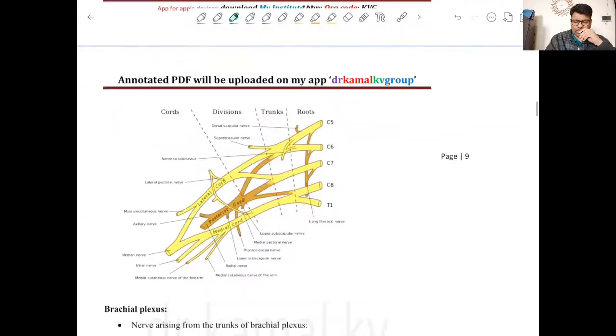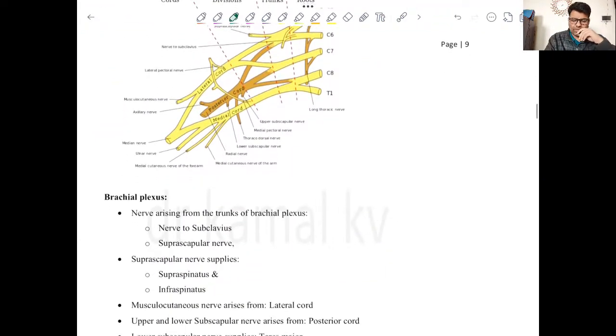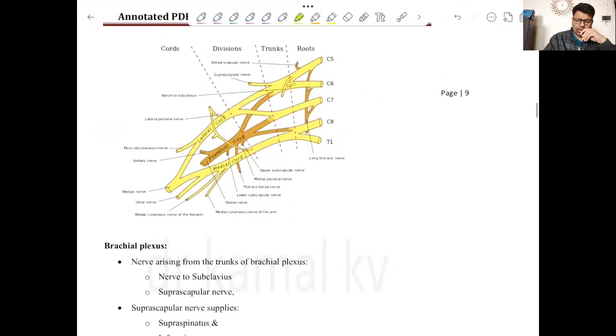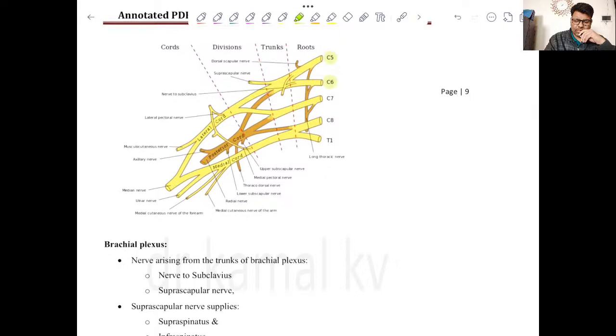Then moving to the upper limb, the brachial plexus is very important, derived from C5, C6, C7, C8, T1. Now C5 and C6 join to form the upper trunk, C8 and T1 join to form the lower trunk, and C7 continues as the middle trunk.